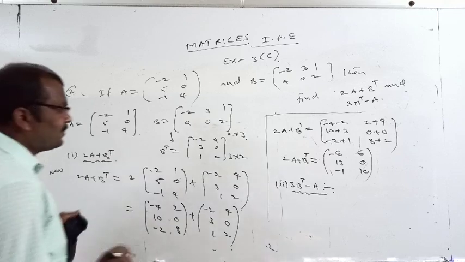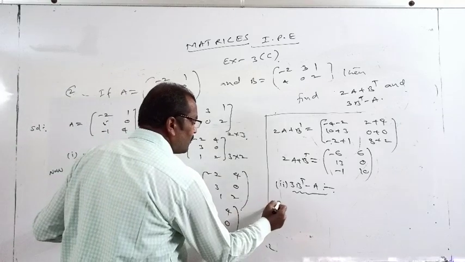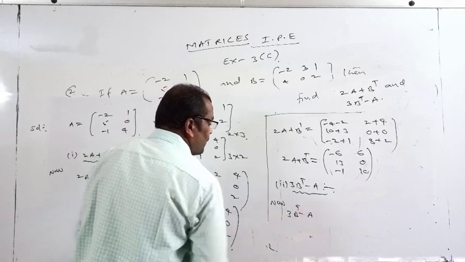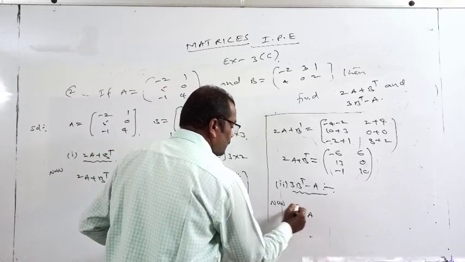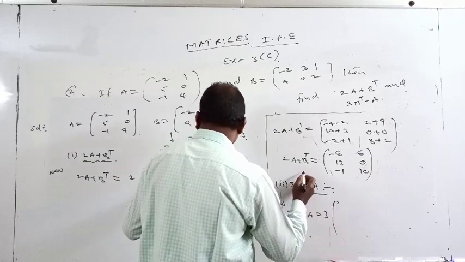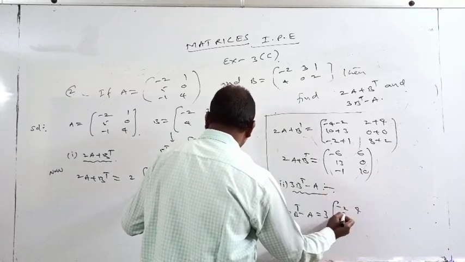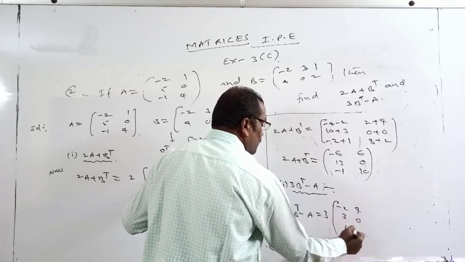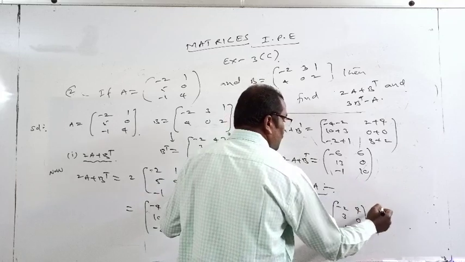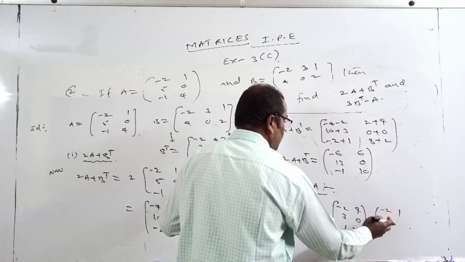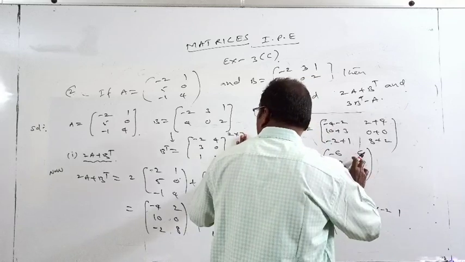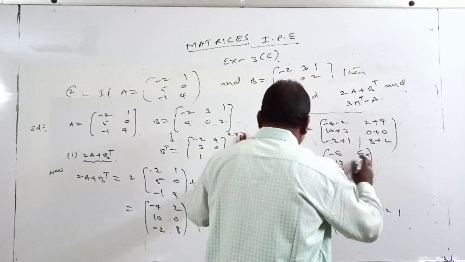Just see this one. 3B transpose minus A. 3 into what is B now? B transpose, sorry. Minus 2 4, 3 0, 1 2. What is A? Minus 2 1, 5 0.